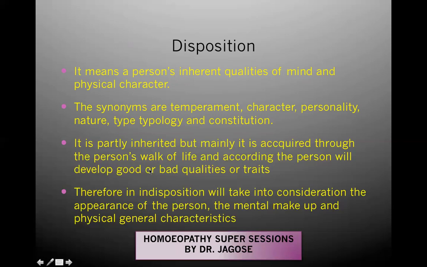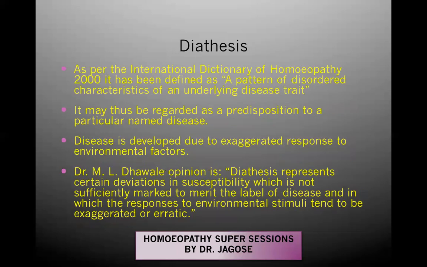So first we have the disposition, that is a fundamental mechanism. Below that we have the predisposition, that is a fundamental mechanism. Then the disposition, that is a type, typology, constitution, personality or character of the person, which is exhibited through the signs and symptoms. Then we have diathesis.